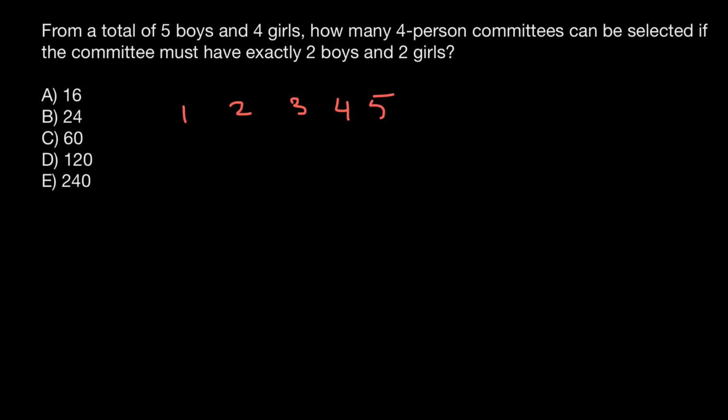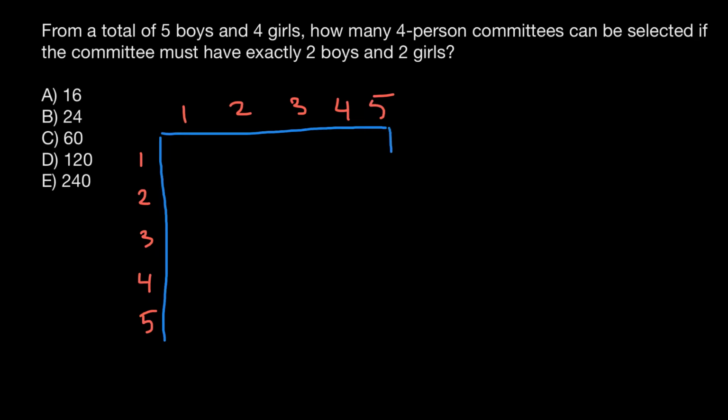So let's build a simple Punnett square. Boy number 1, 2, 3, 4, and 5 here.